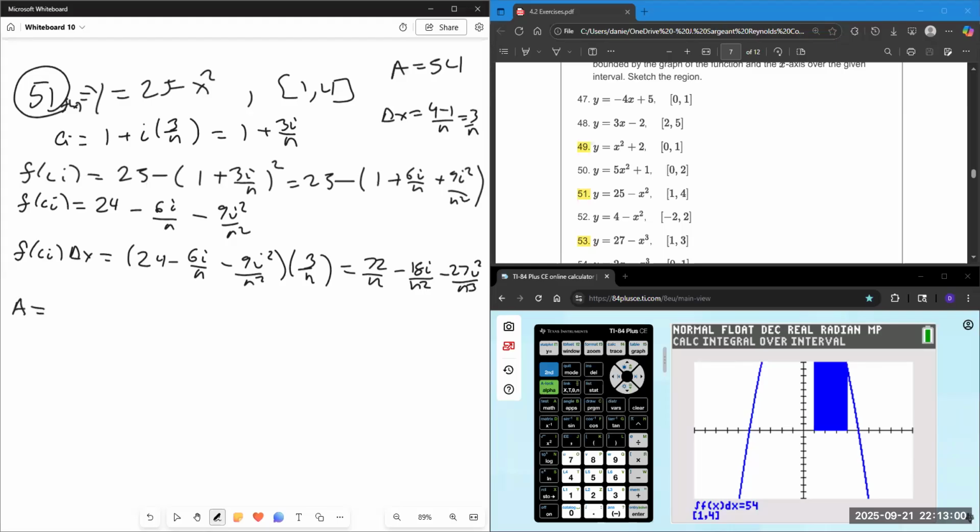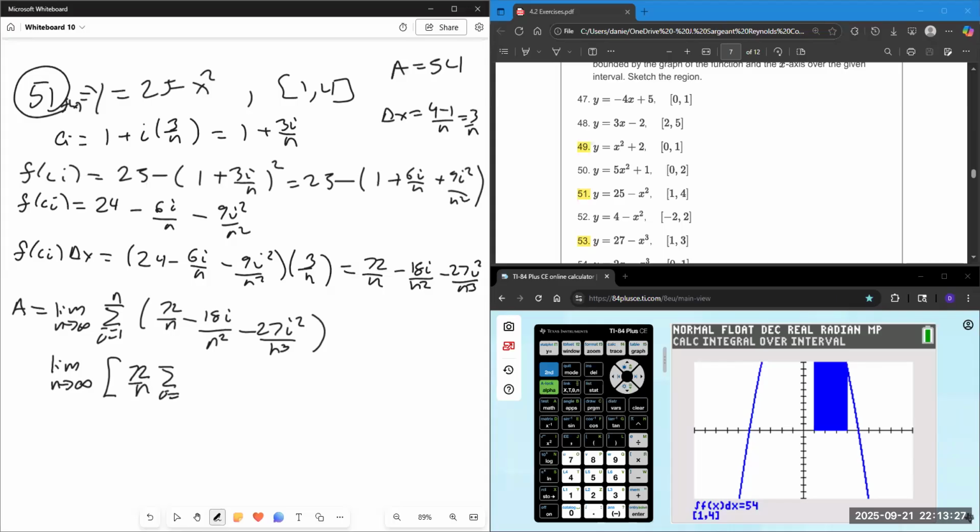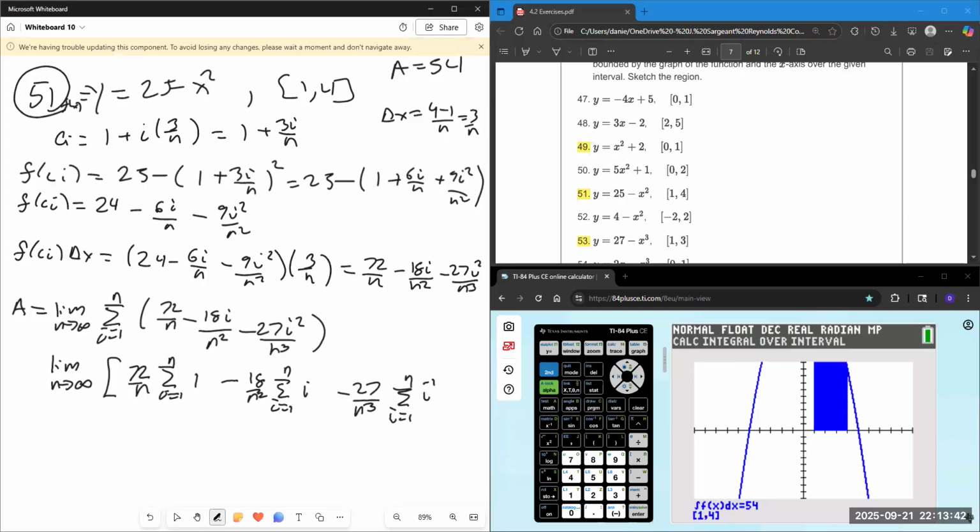So A equals the limit as n goes to infinity of the summation i equals 1 to n of 72 over n minus 18i over n squared minus 27i squared over n cubed. That will be the limit as n goes to infinity of 72 over n summation i equals 1 to n of 1, minus 18 over n squared summation i equals 1 to n of i, minus 27 over n cubed summation i equals 1 to n of i squared.